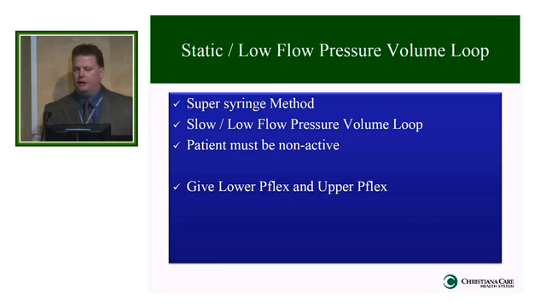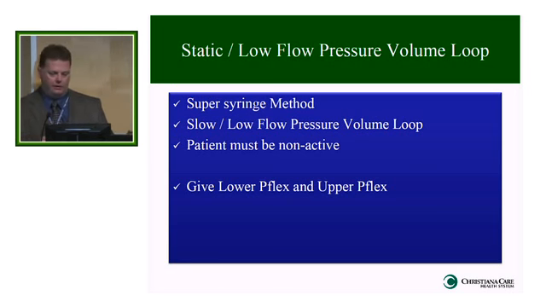There's a super syringe method, which is sort of the gold standard, and a nightmare to do at the bedside. You literally have a large syringe marked in increments of 50 or 100 mLs, and you have a pressure manometer. You take this ARDS patient who's sick in your ICU off the vent, let them exhale all the way to nothing, and start putting in increments of 50 or 100 mLs at a time, noting what their pressure does on the manometer.